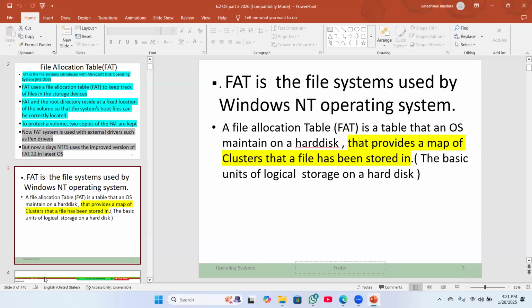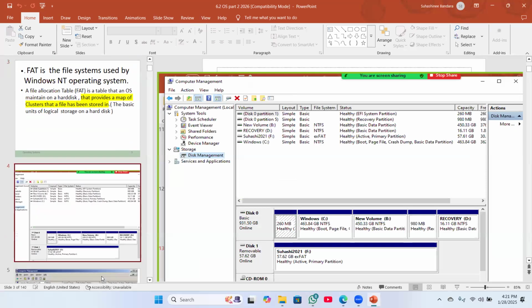That the file has been stored in the basic units of a logical storage on the hard disk, we call as the FAT. So that means there's a basic method, but now when you check your hard drives or C locations, you can see the USB pen drive displays FAT32.